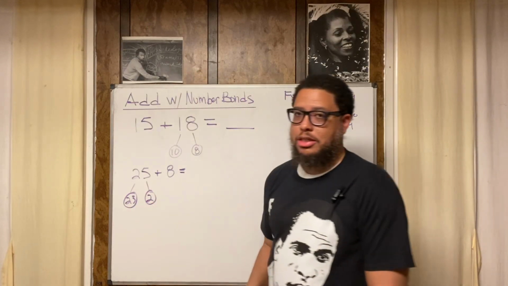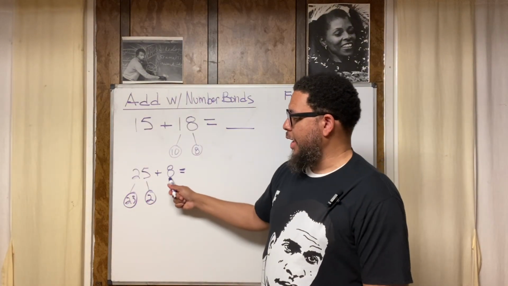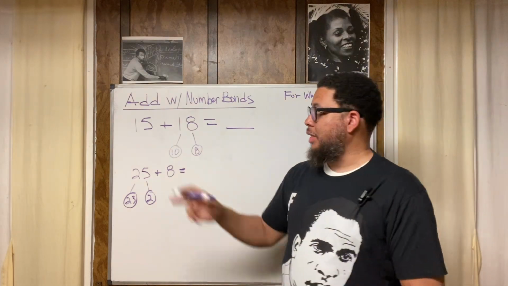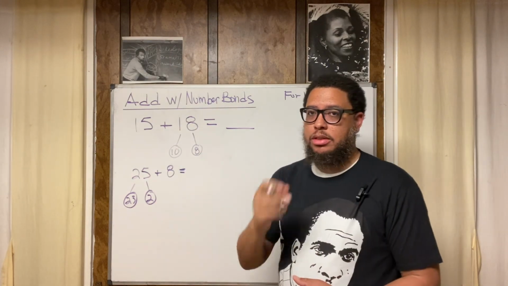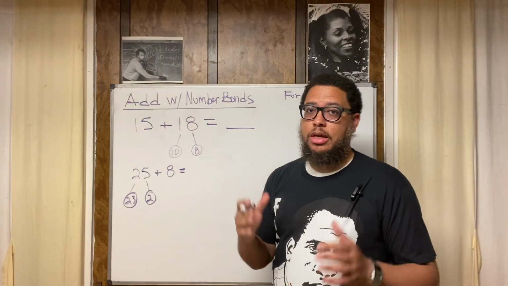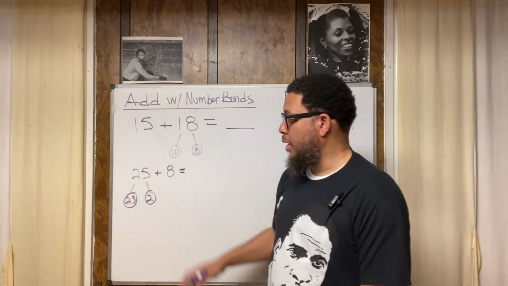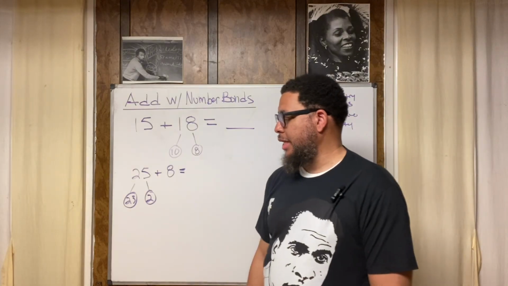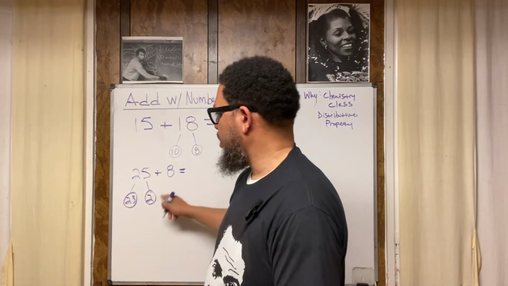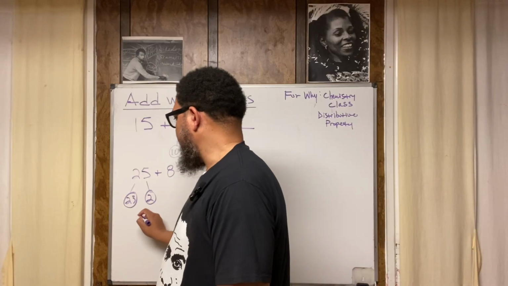But the reason I do this is I'm being strategic. I also know that 8 plus 2, because if your children are adding 2-digit numbers, at this point, they should have their addition facts from 0 to 10, even 0 to 20 memorized, right? They should know that by heart. They should know that 8 plus 2 is 10. So since I know that 8 plus 2 is 10, I could create another 10 with 8 plus 2.